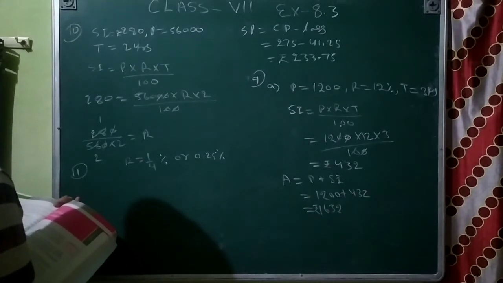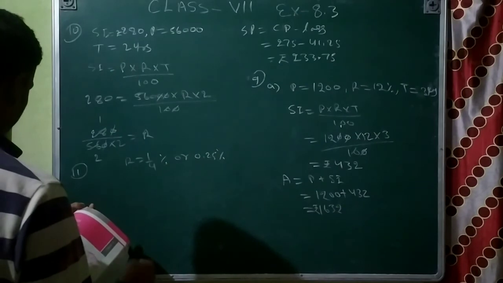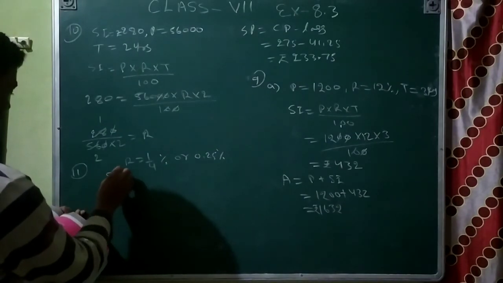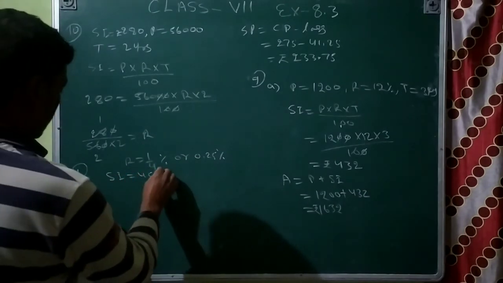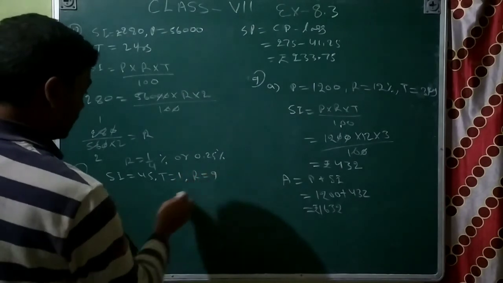That was the 11th question. If Meena pays an interest of rupees 45 at 9% per annum for 1 year, what is the sum borrowed? So interest SI is equal to 45, and then T is equal to 1, R is equal to 9.